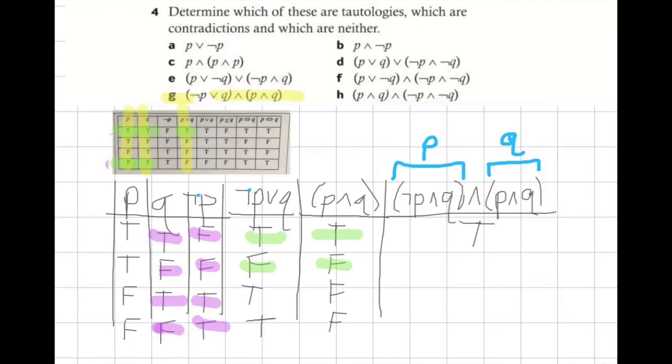False, false is false. Already we can see that this is not going to be a tautology or a contradiction, so it's neither. True, false. True, false is false. And again, true, false is false. So because they're not all T's or not all F's, our final answer is neither.